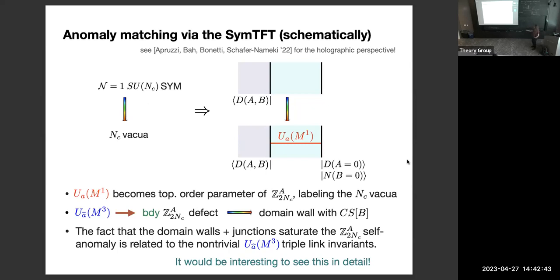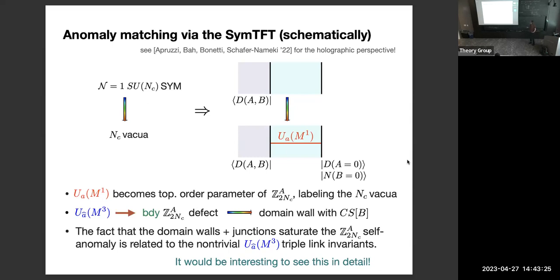So basically what's happening in terms of these operators in the bulk is that this red line operator is becoming in the IR the order parameter for the Z_{2N} zero-form symmetry, the one that labels the N vacua, and this non-invertible volume operator, the one that becomes the Z_{2N} defect, exactly becomes the domain wall between the vacua. So you can check that the TQFT part of this exactly is the Chern-Simons term on the domain wall.